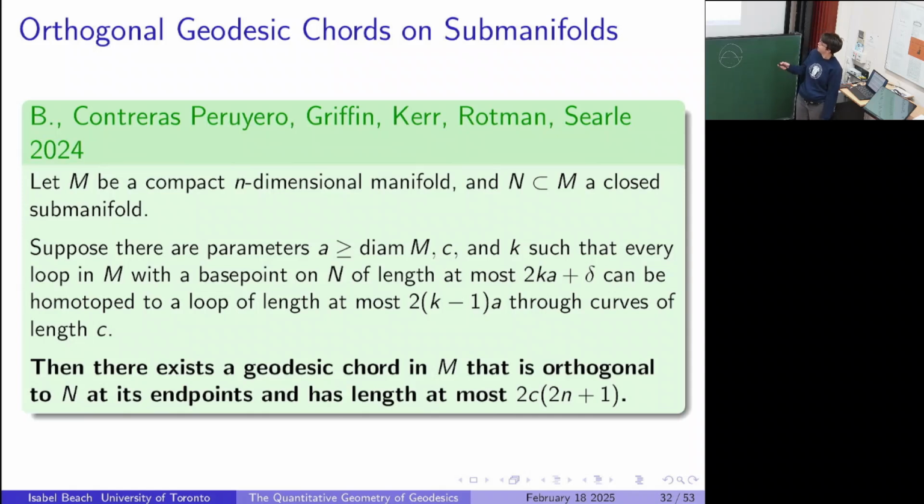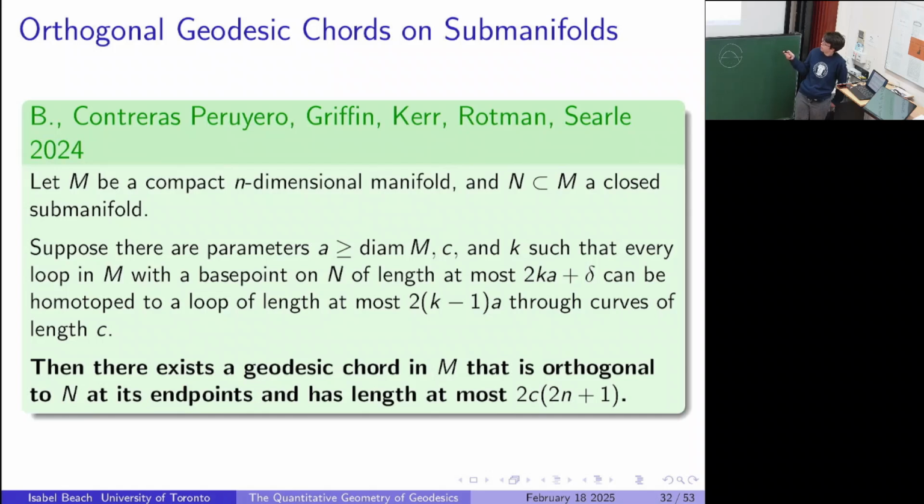I did not write this in full generality. In general, it'll apply to any pair of complete manifold M, and closed submanifold N, such that pi_i of M relative to N is non-zero for some i. But I'm going to just talk about the compact case because then you don't have to worry about whether these classes exist. So what we're going to talk about today, we've got a pair of compact manifold and a compact closed submanifold.